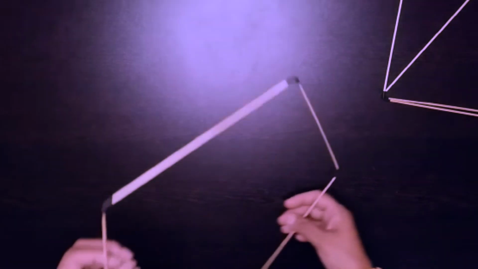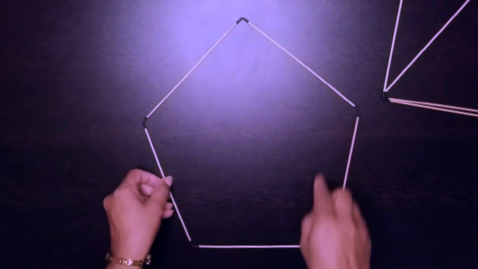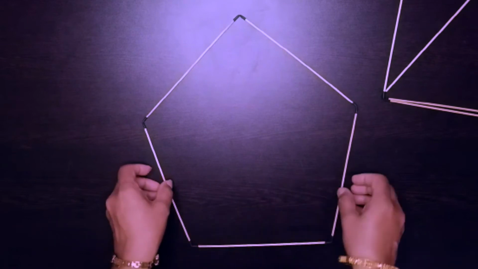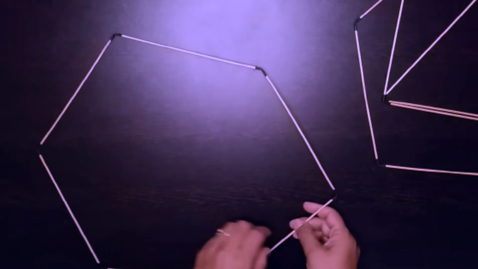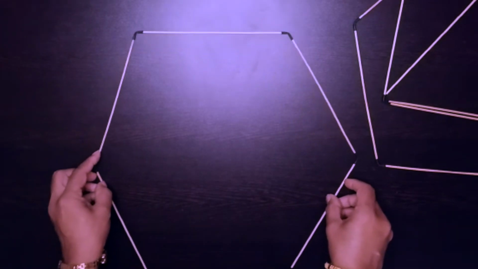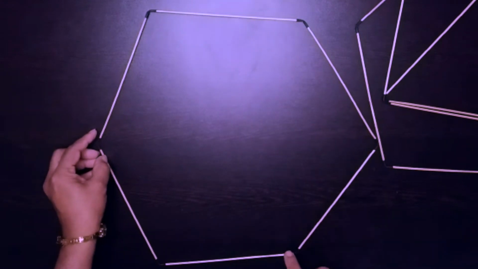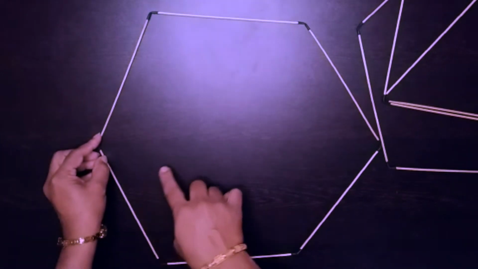Now I am taking a pentagon. Pentagon has 5 vertices and 5 sides. 1, 2, 3, 4, 5 sides. Next, I am taking a hexagon. Hexagon has 6 vertices. 1, 2, 3, 4, 5, 6 and 6 sides.